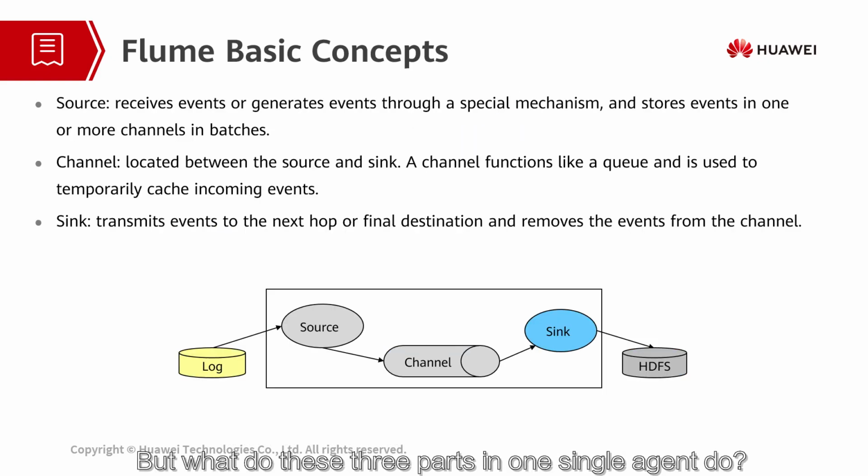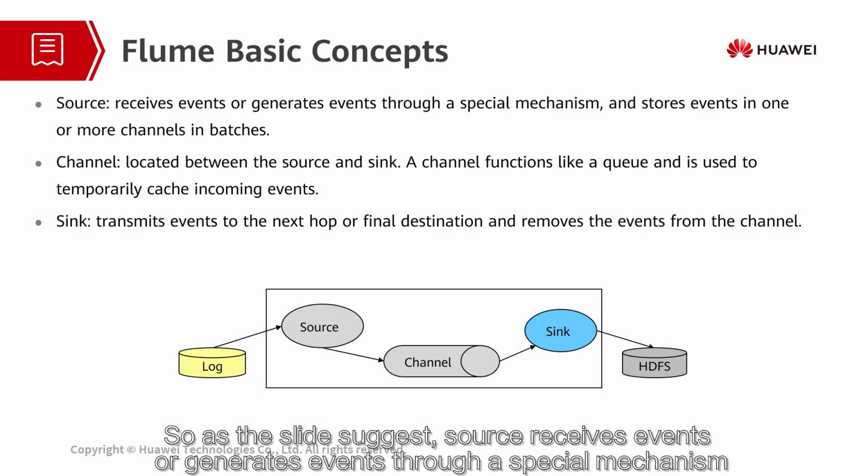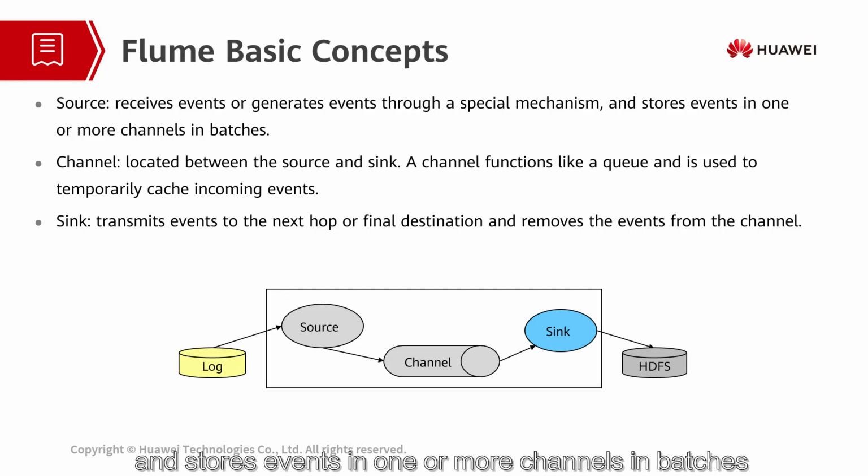But what do these three parts in one single agent do? As the slide suggests, source receives events or generates events through a special mechanism and stores events in one or more channels in batches. So this is the data source for Flume.